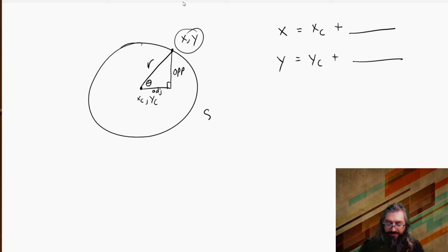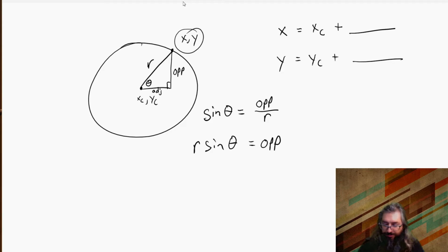So sine of the angle equals opposite over the hypotenuse, which is just R. We want to know the length of the opposite, so we just multiply both sides by R. So we get R sine theta equals the opposite.